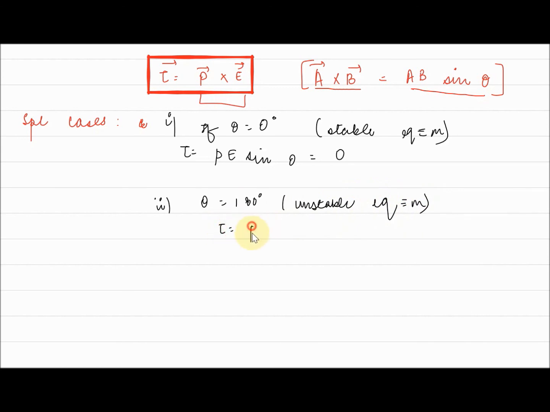So the torque becomes pE sine 180, which is also equal to 0. Third case, when theta is equal to 90 degrees, torque is equal to pE sine 90, which is equal to pE. So torque is maximum when theta is equal to 90.